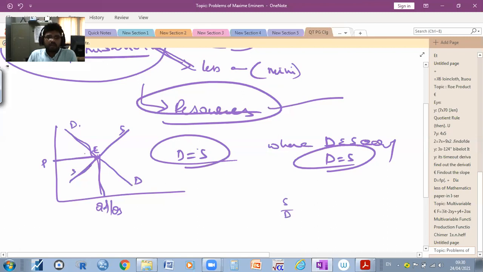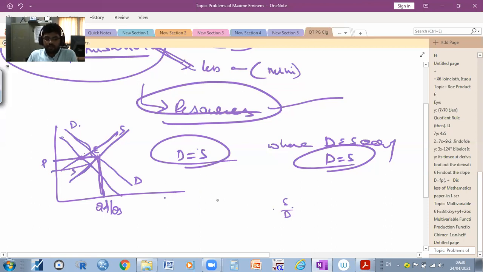For example, if you want equilibrium, the demand curve should be like this. And if you want it here, the supply curve should be like this. So here we get the equilibrium price, or here we get the equilibrium price. That is how we get this equilibrium point, the optimum point, by forcing the demand and supply.